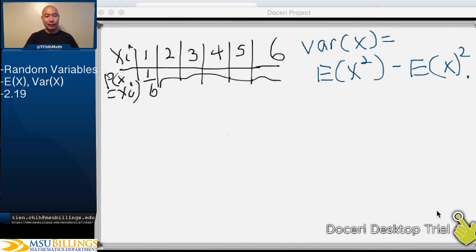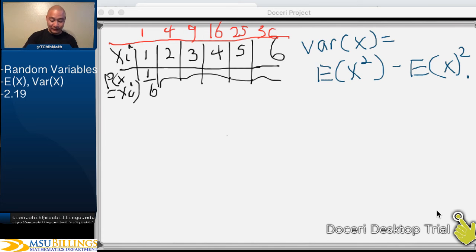If our possible outcomes are 1, 2, 3, 4, 5, 6, what are the possible outcomes squared? They should be 1, 4, 9, 16, 25, 36.